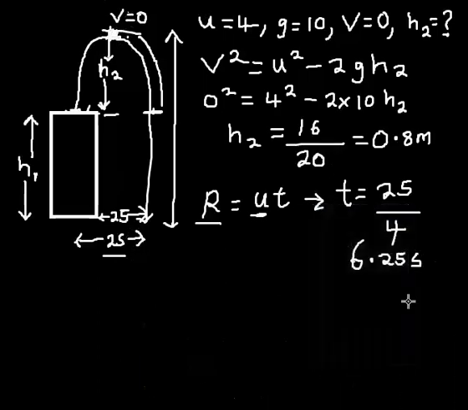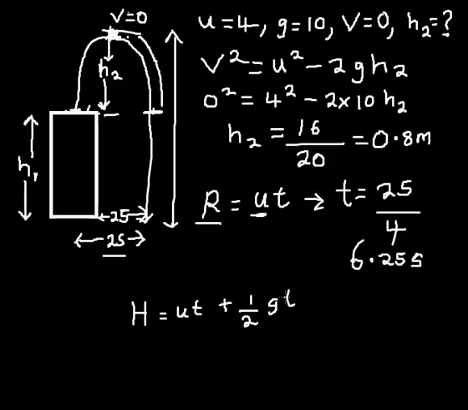So now with what I have, 6.25 seconds, I can get that height by applying the formula h is equal to ut plus half gt squared. So h is going to be equal to ut from all these points.